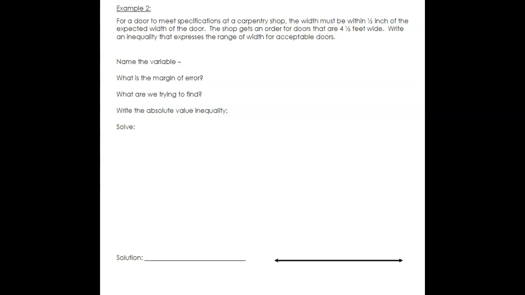So we need to name the variable that we're going to use. If we're writing an inequality that expresses the range of width for acceptable doors, then the variable is going to have to be what? The width of acceptable doors. What's the margin of error?